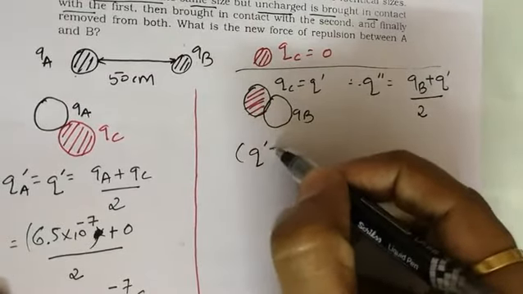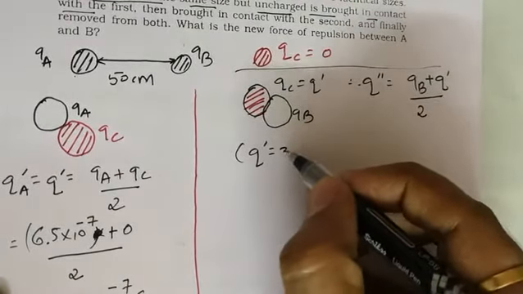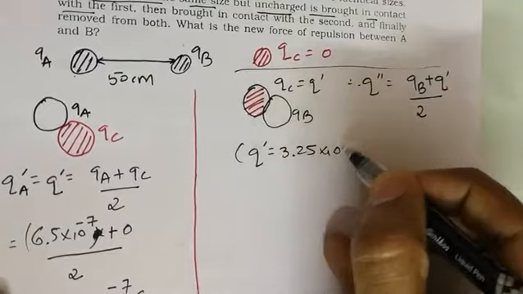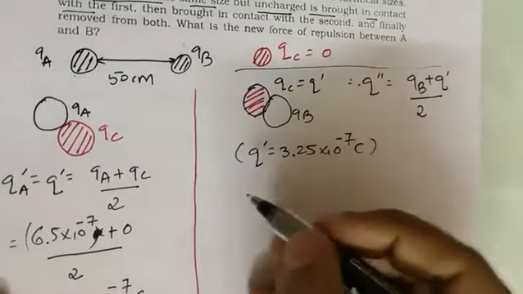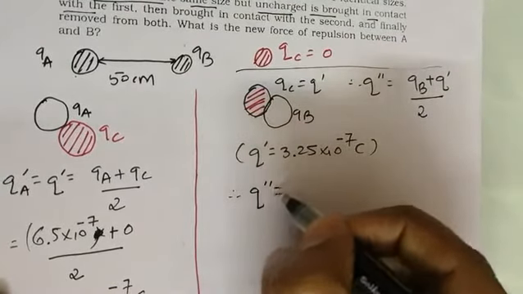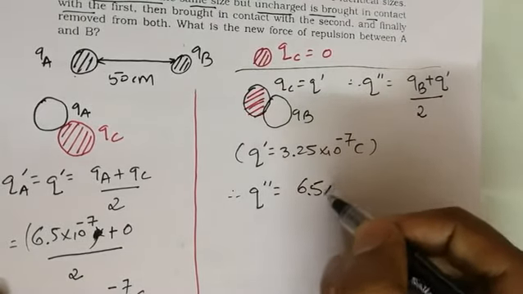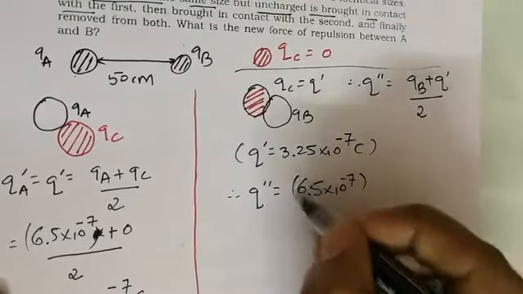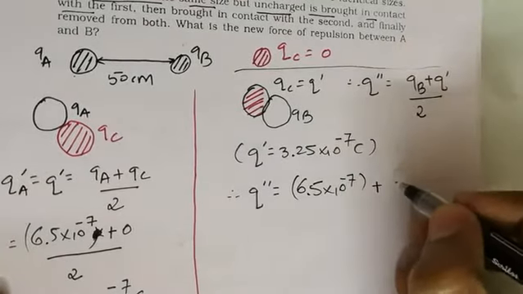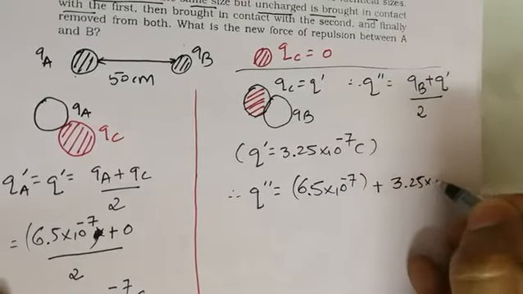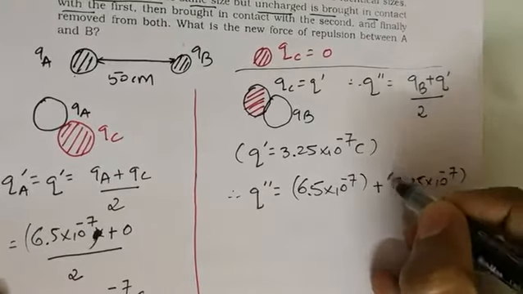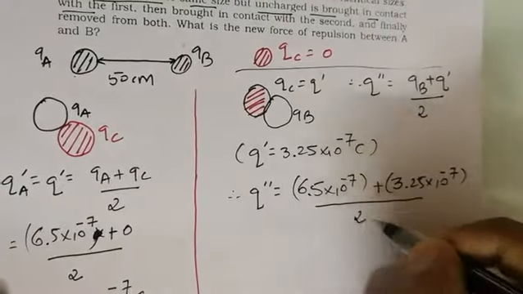We are aware that Q dash is a new charge which is 3.25 10 to the power minus 7 coulombs. So Q double dash is equal to QB, which is holding 6.5 10 to the power minus 7, plus 3.25 10 to the power minus 7, divided by 2.